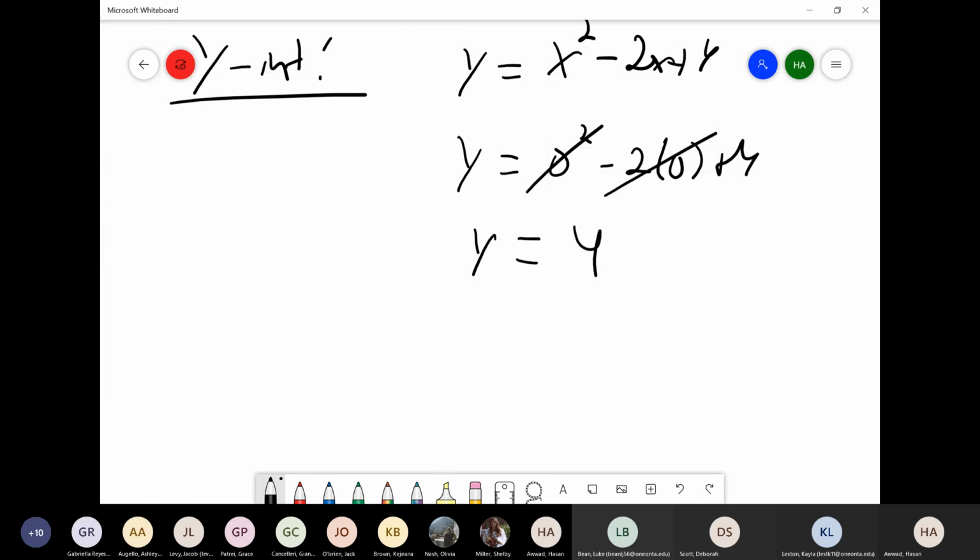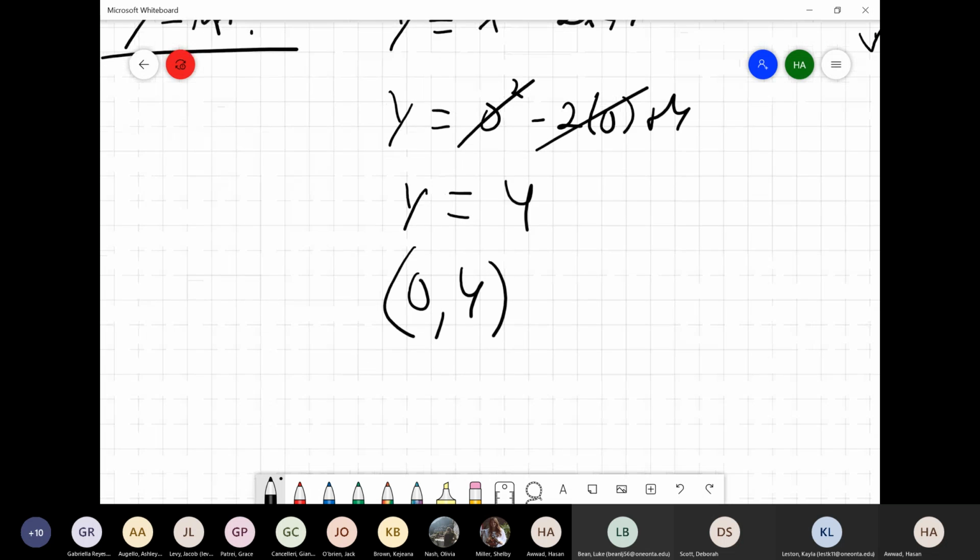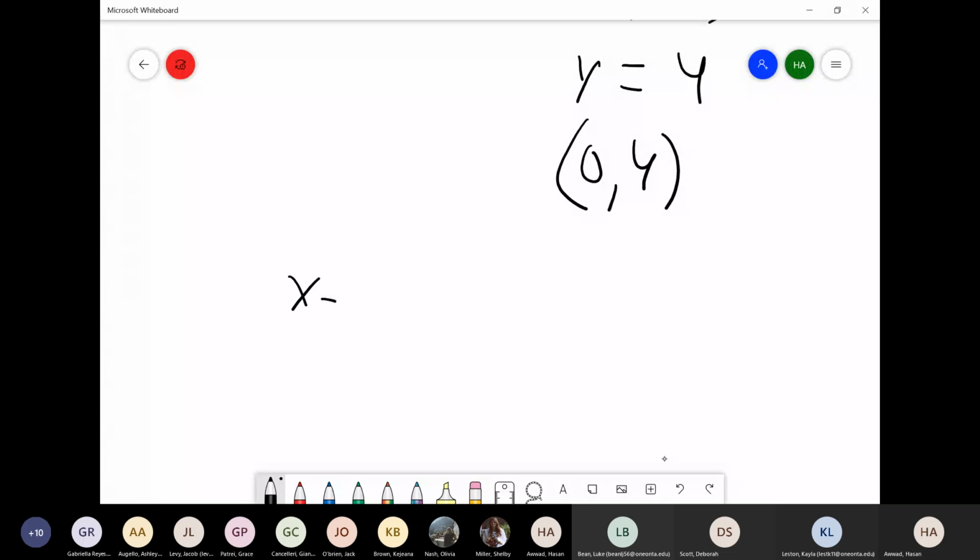If you're writing this as an ordered pair, it's (0, 4), because for a y-intercept, you have no x component.